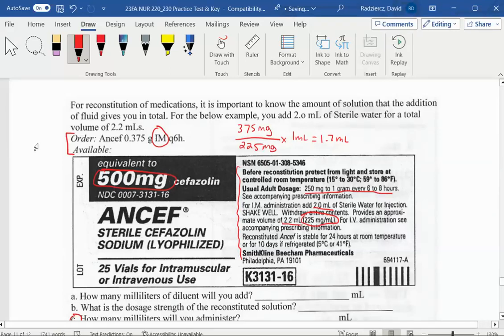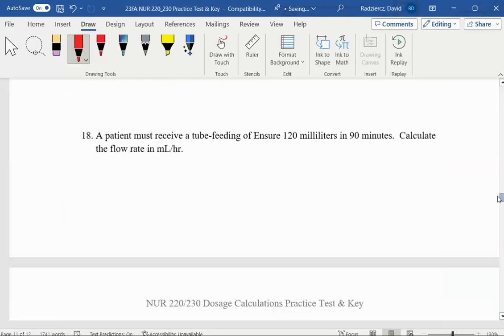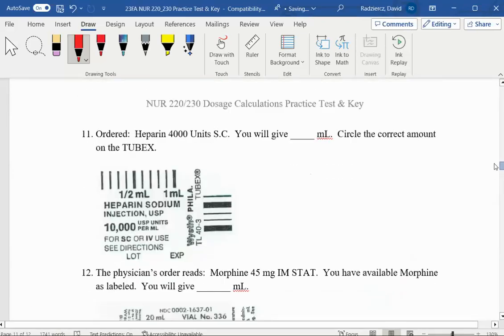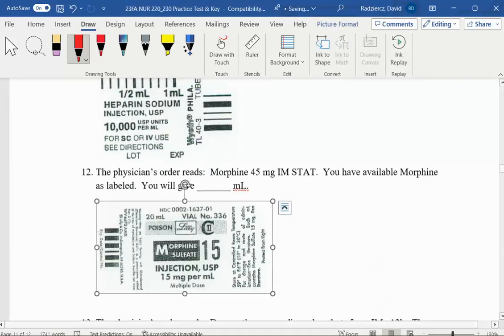And basically, if you recall, your typical label will give you the information you need to solve your question. So like, let's look at this morphine label. Morphine sulfate is available at 15 milligrams per ml for that particular strength.